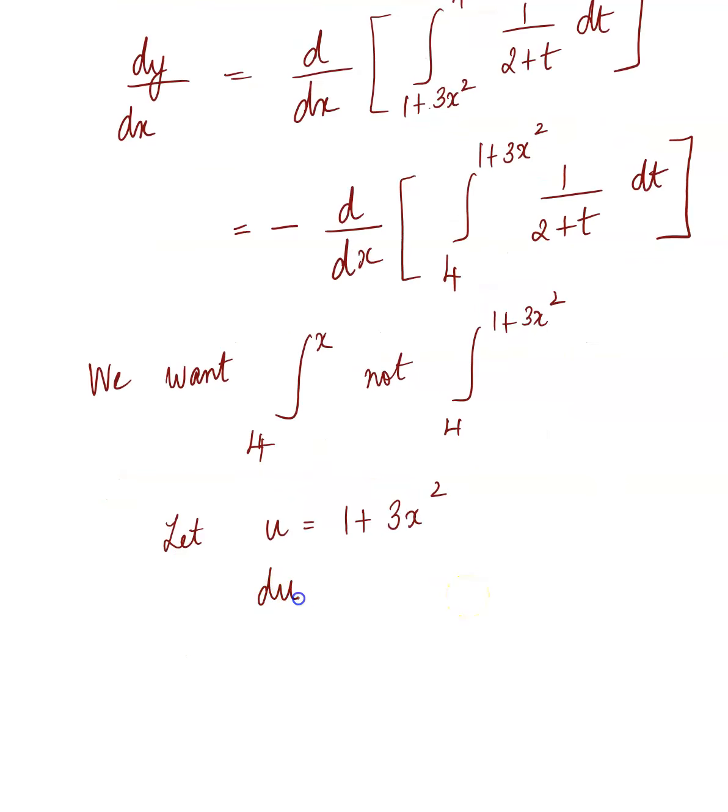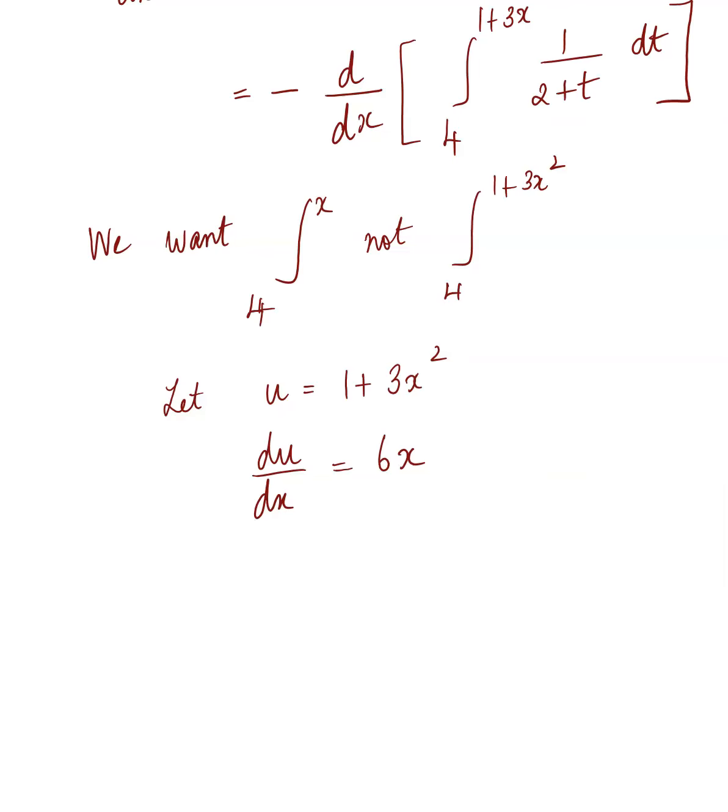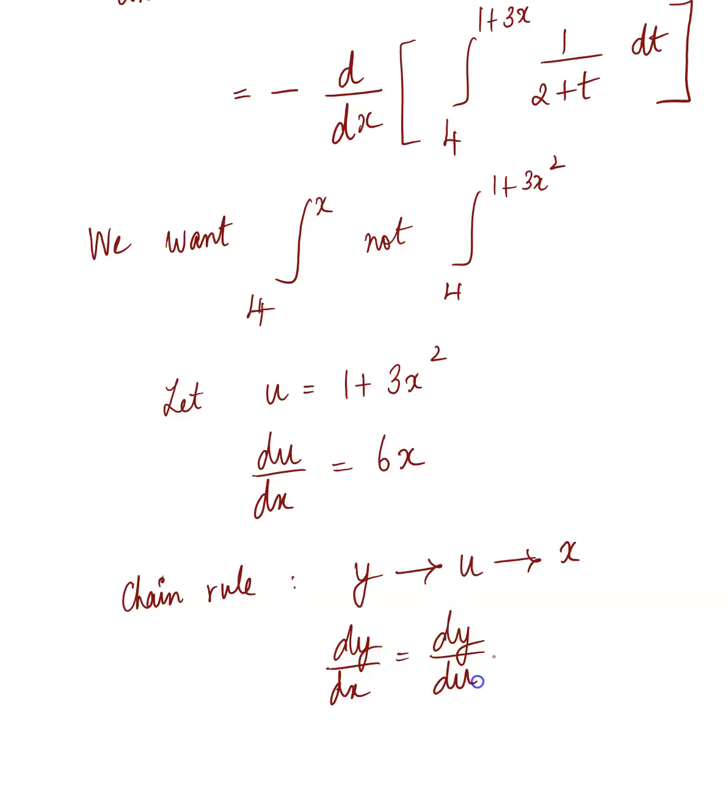We'll quickly do the du over dx because we know we'll need it in the end. That's going to be 6x. And once again, we use the chain rule. So we go from y to x through the u. So dy over dx will be dy over du times du over dx.